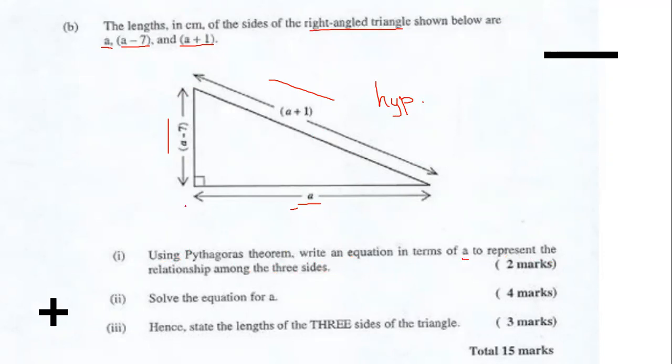What this is simply saying, I don't think it's too hard. It just asks you, using the general formula of the Pythagoras theorem, to write out this equation for this specific right angle triangle, based on the specific sides right here.